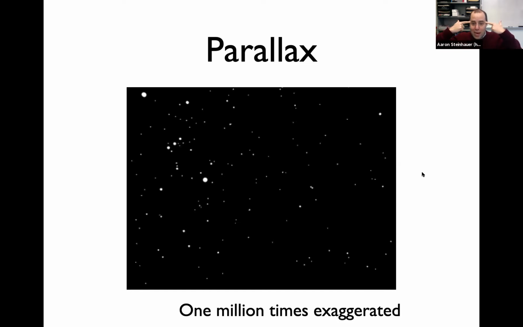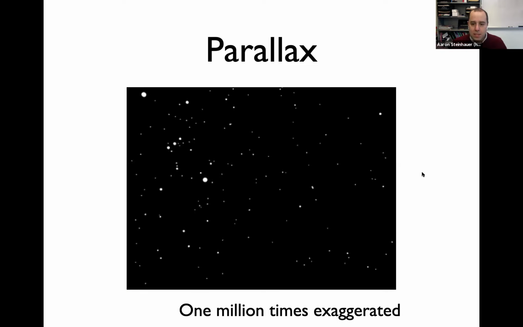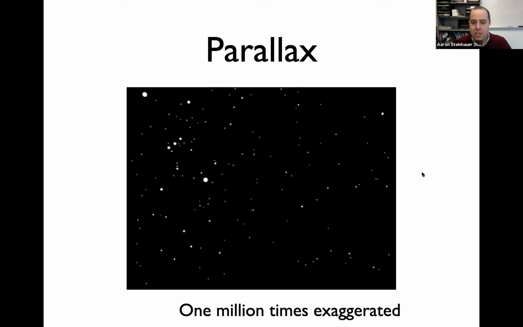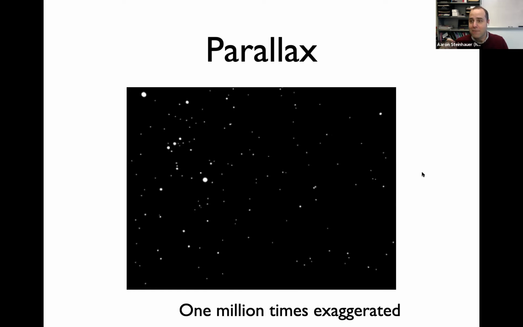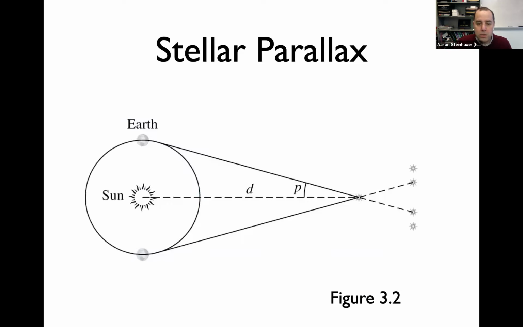And again, you can almost see the depth in this field. Your brain automatically makes it happen. Those things that are moving fastest and furthest are the things that are closest to us. So it's no different in astronomy. We just need to take very careful measurements to identify any of these actual motions in the sky. Okay, so let's go back to this.